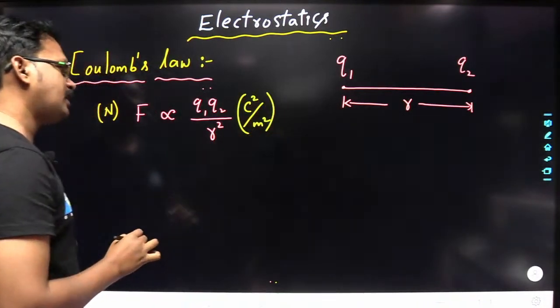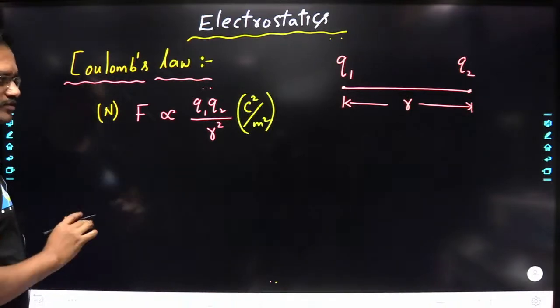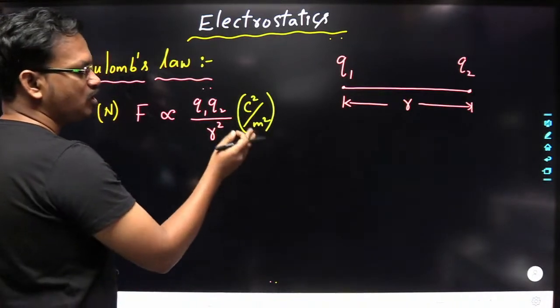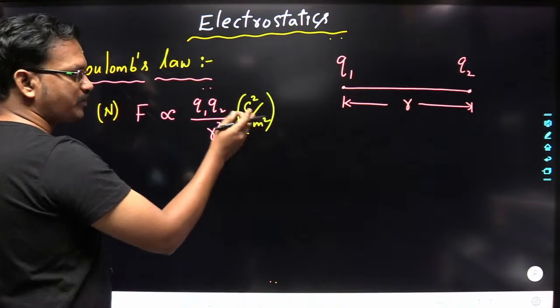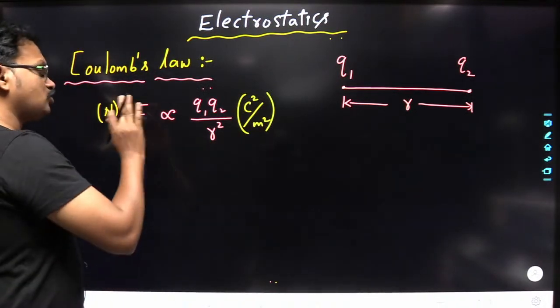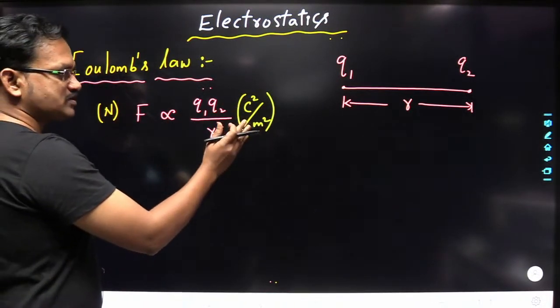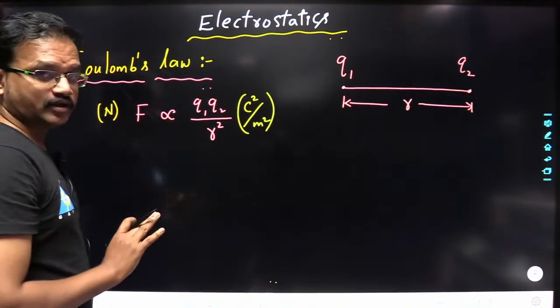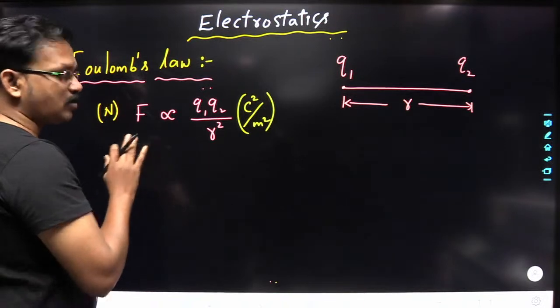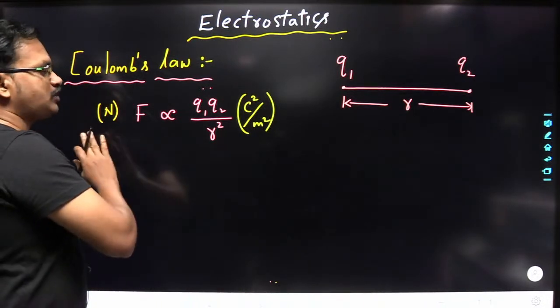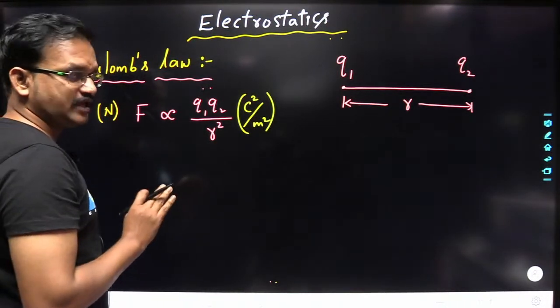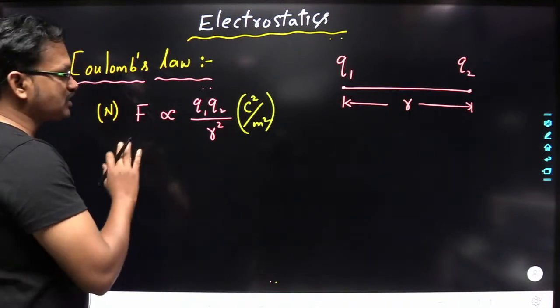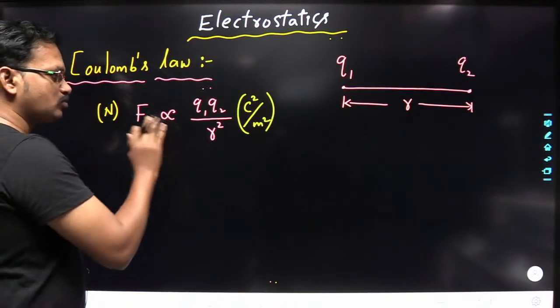So on the LHS the units are newtons, on the RHS the units are coulomb square per meter square. That means the units on the LHS are not the same as the RHS, so you should not put equality. When can you put equality? If and only if the units on both sides are the same.